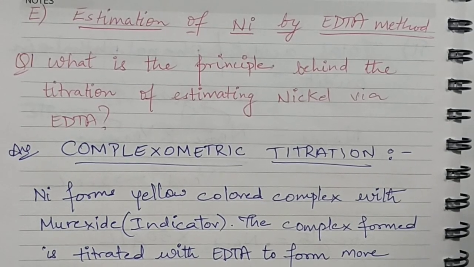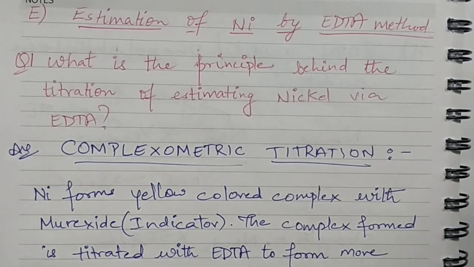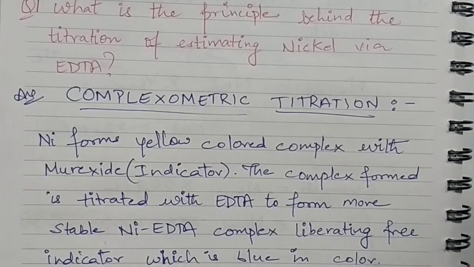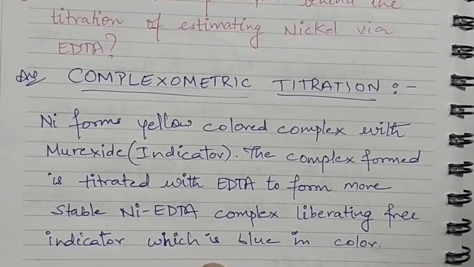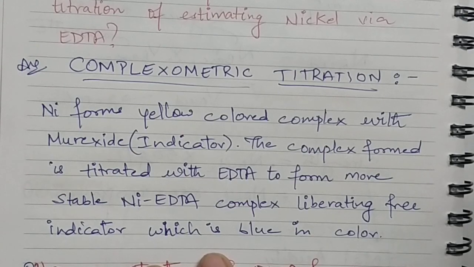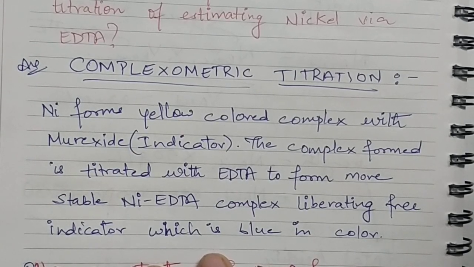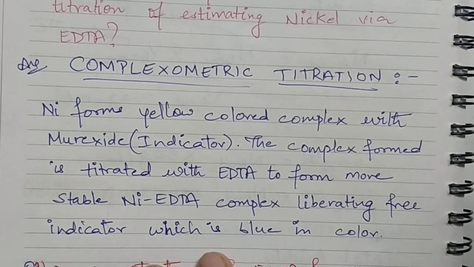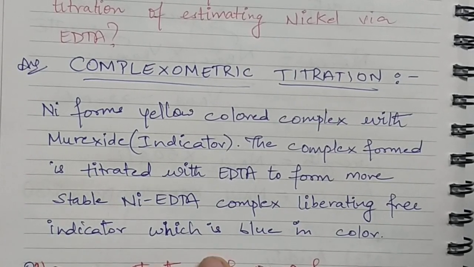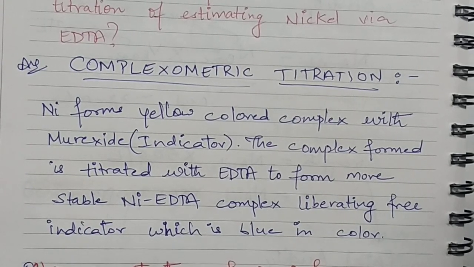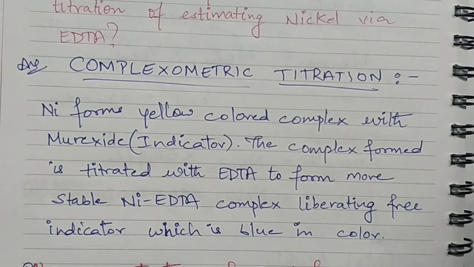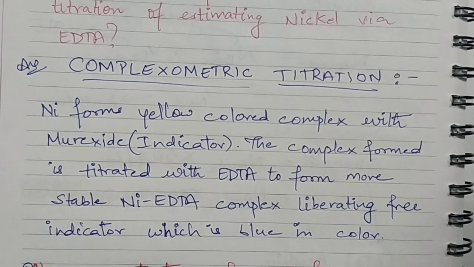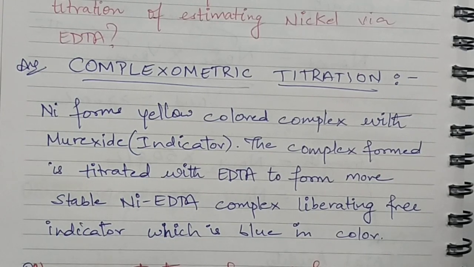In this titration, nickel forms a yellow colored complex with the indicator, and the indicator used in this titration is murexide. Murexide forms a yellow colored compound with nickel, which is then titrated with EDTA, and this EDTA forms a stable nickel EDTA complex which liberates the murexide indicator, and this indicator is blue in color. Okay, so the reaction is stopped when blue color is achieved.